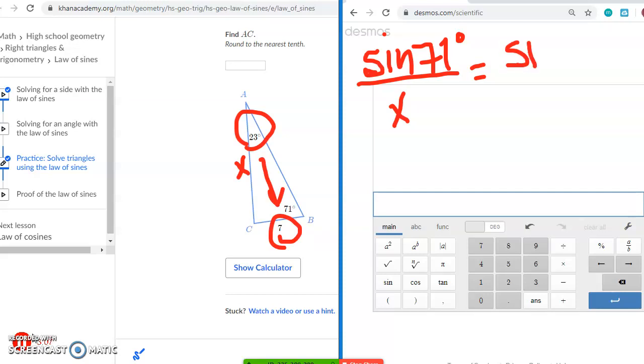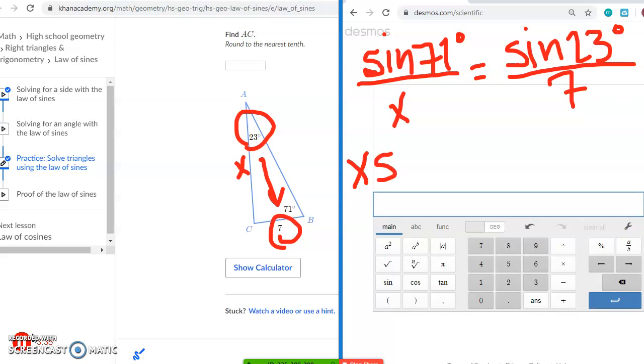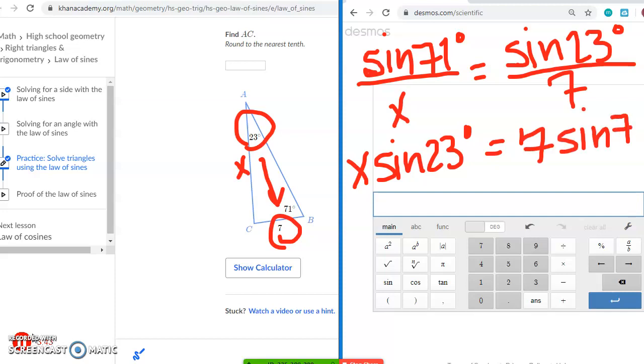So it's going to be equal to the sine of 23 degrees over 7. So you can basically just take all the information you know and set it up like a proportion and solve for X. So let's solve by getting X by itself. So that means X times the sine of 23 degrees equals 7 times the sine of 71.